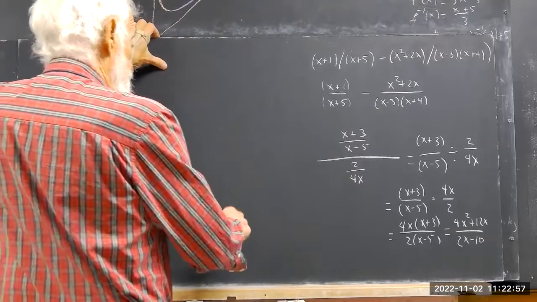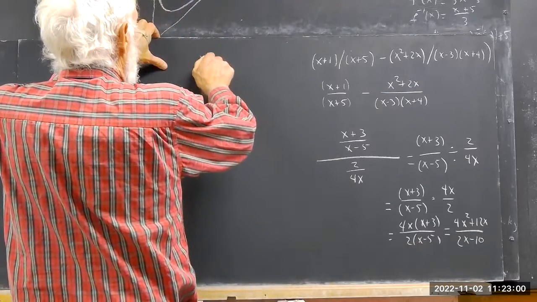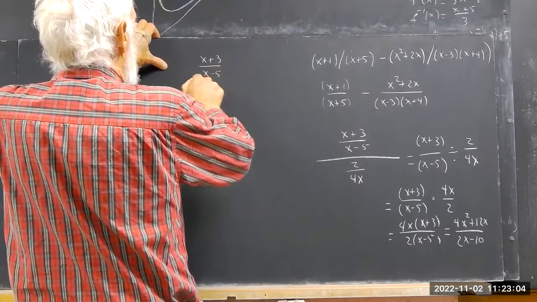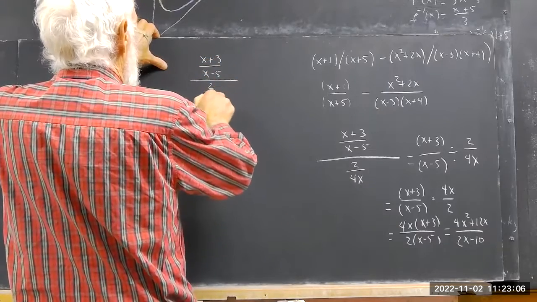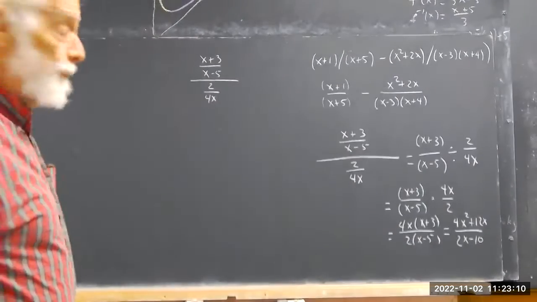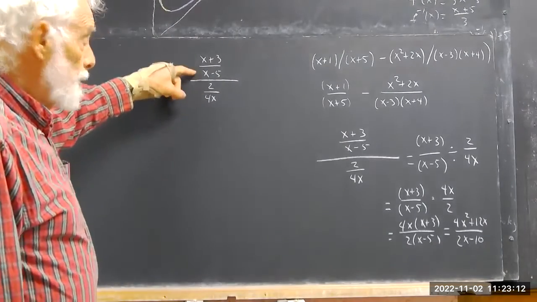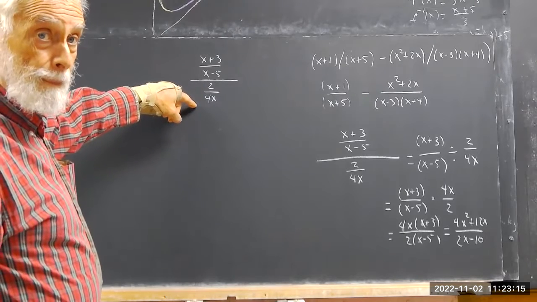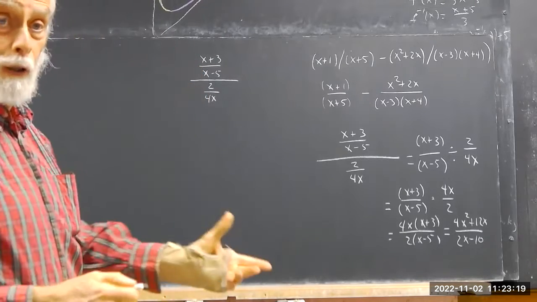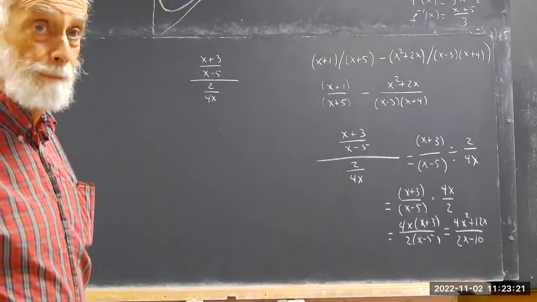Another way is you write out your expression and you find the common denominator between this and this. Common denominator with x minus 5 and 4x is just 4x times x minus 5.